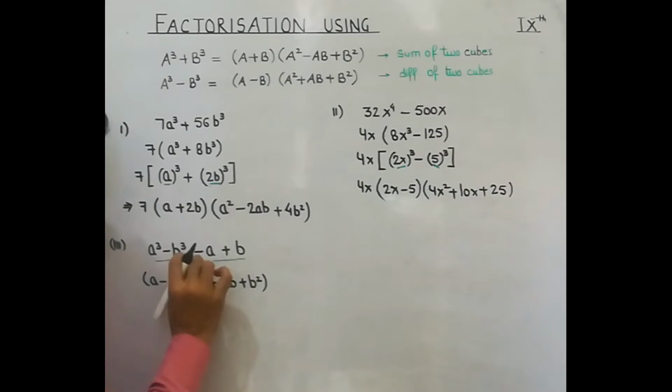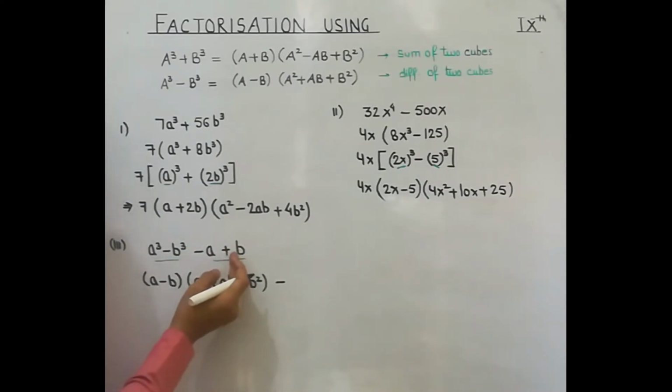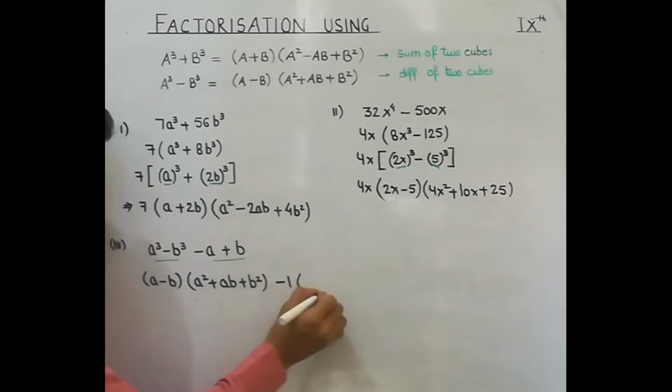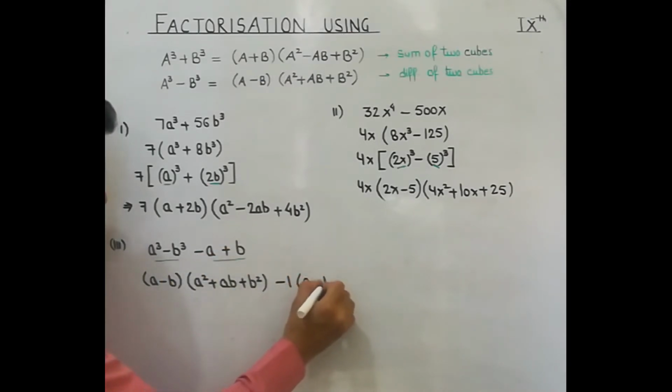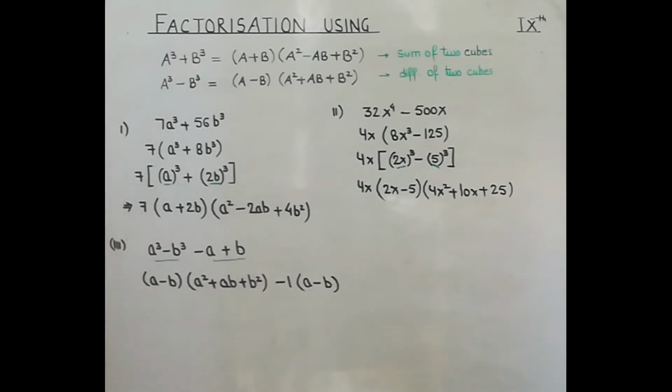Now the second group is starting with minus, so you will take minus. There is no numerical or literal coefficient common, so we will take 1. As this group is starting with minus, the sign within the group will change. This will become A minus B.